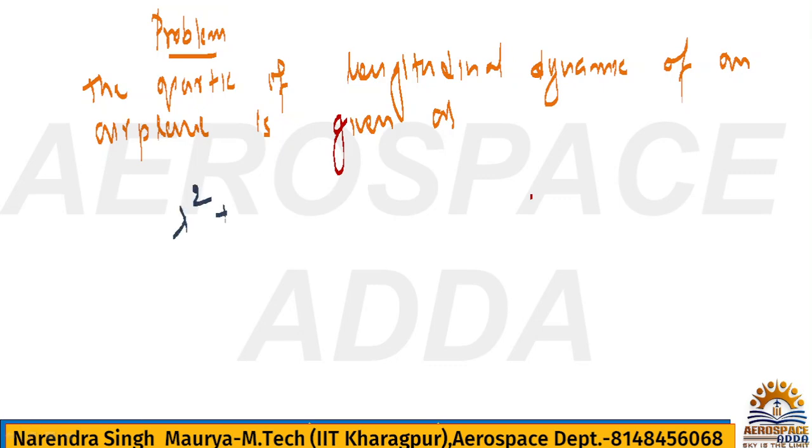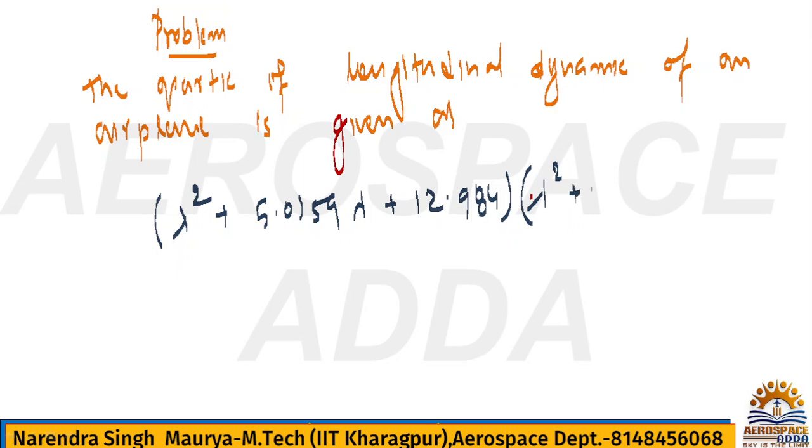Now we have lambda square plus 5.019 lambda plus 12.984 in one bracket, another bracket we have lambda square plus 0.03406 lambda plus 0.0454 bracket.